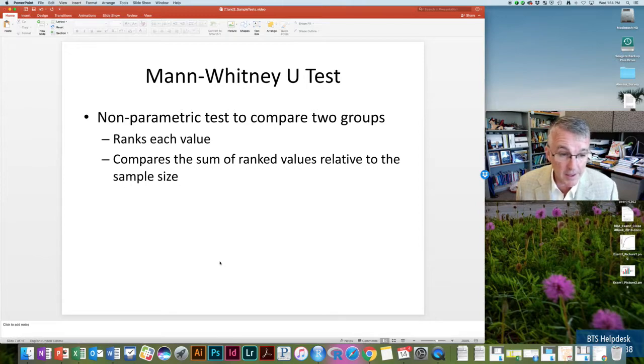For that, we could use something like a Mann-Whitney U-test. And this does some weird things. The first thing it does is it takes each and every one of your numbers and ranks them.